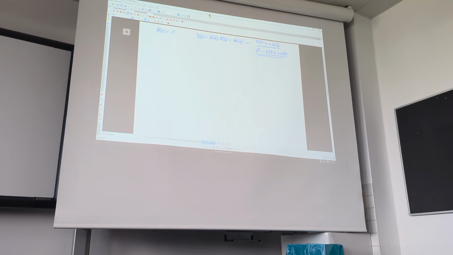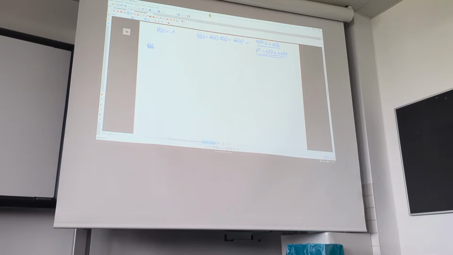So now, with the excitation from an impulse, we get this as a result at the output of the system. So that means we can now perform a polynomial division in order to calculate the individual values at the output of the sequence Y.